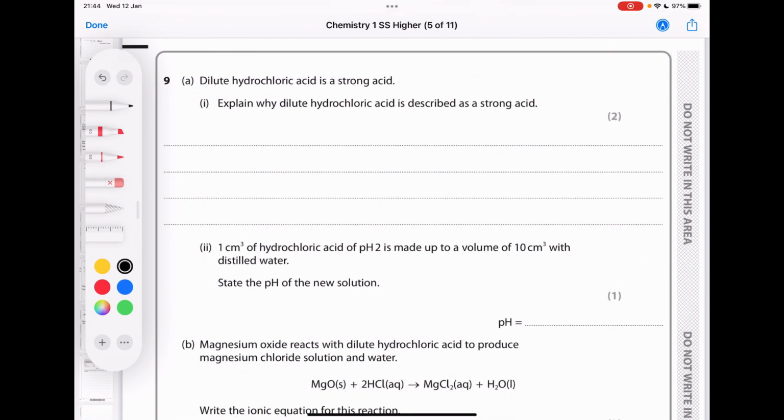Question 9 is all about acids, which is topic 4. The first part is asking why dilute hydrochloric acid is a strong acid. This is one of those bits that's not helped by the fact that lower down the school we talk about strong and weak in the wrong way. A strong acid is an acid that completely dissociates or splits up in water.